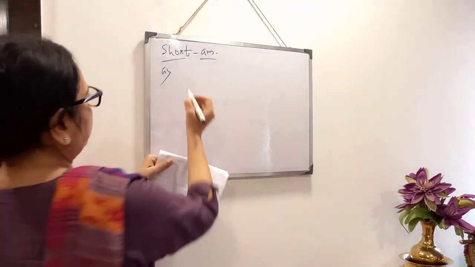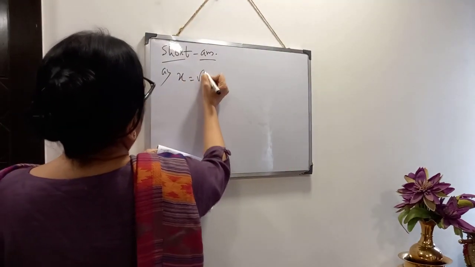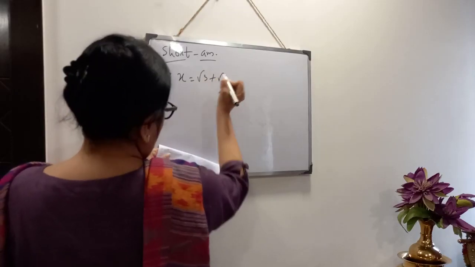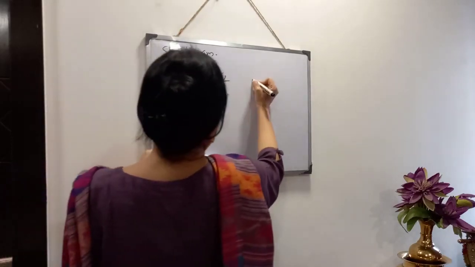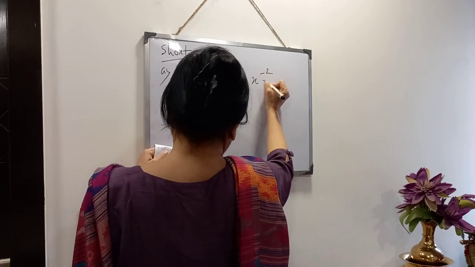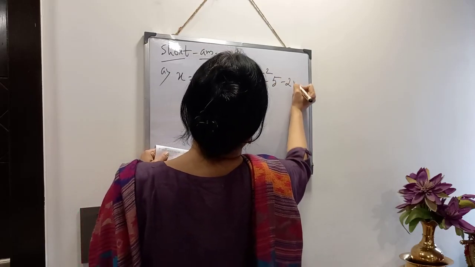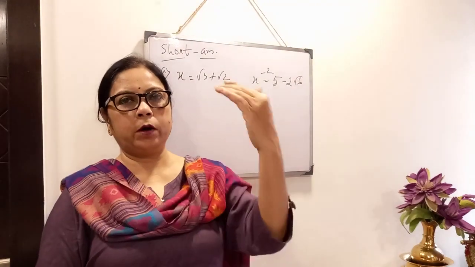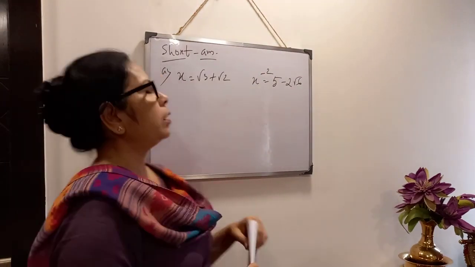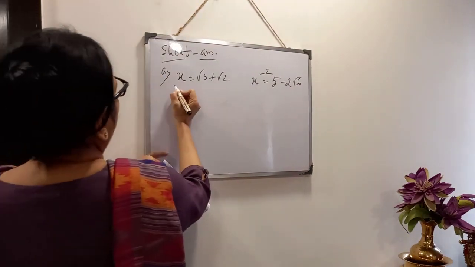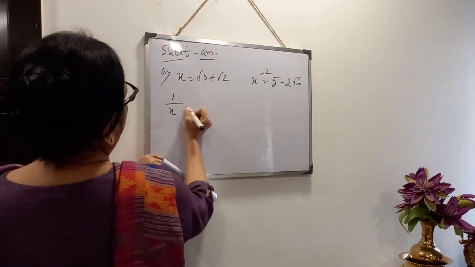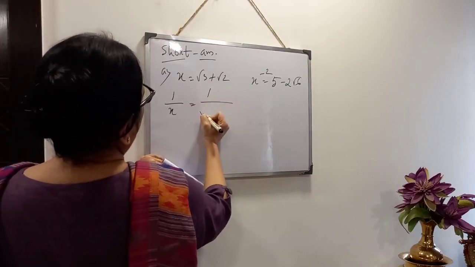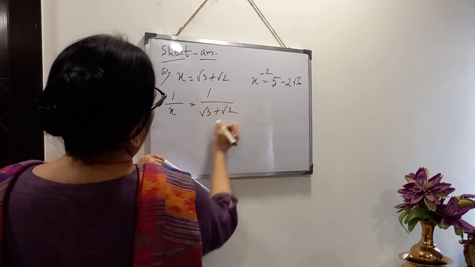If x equals to this, then prove that x to the power minus 2 equals to 5 minus 2 root over 6. X to the power minus 2 means what? 1 by x square here. So first we will calculate from here 1 by x. Same method.